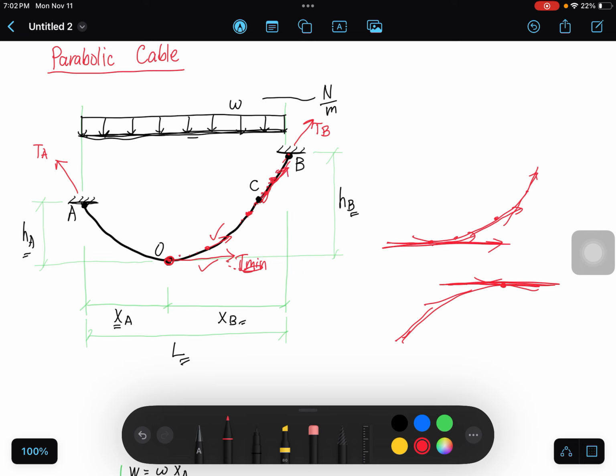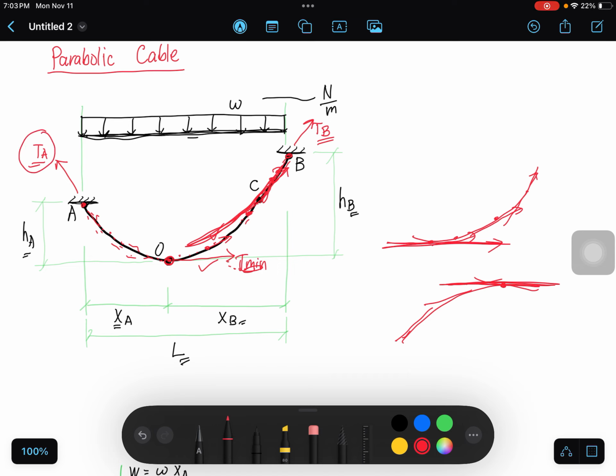So, at every point, nag-iiba yung slope ng tension at tumataas naman siya. So, sa point B, mataas ang TB kumpara sa mga points dito sa baba niya. And then, dito sa side A, mas mataas ang tension na TA kumpara doon sa mga tension dito at any point sa cable na to.